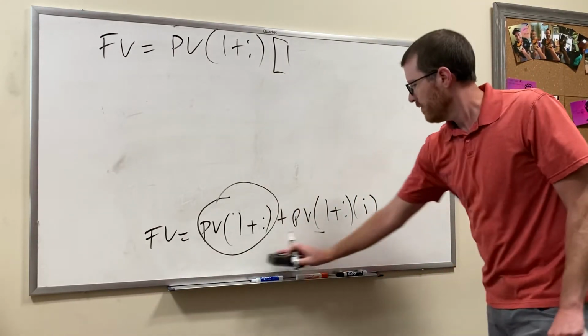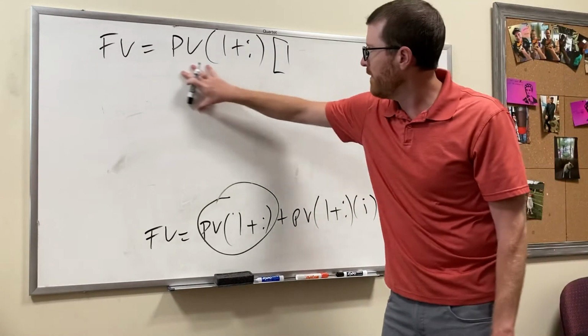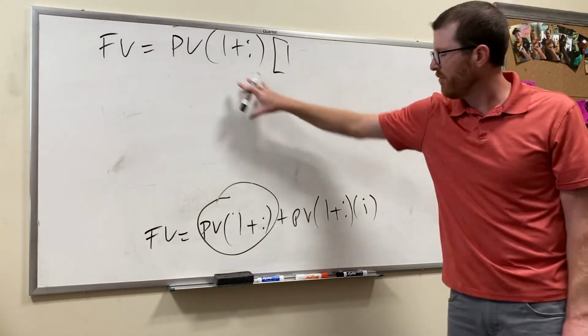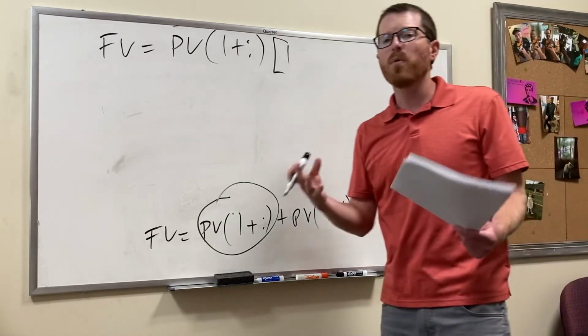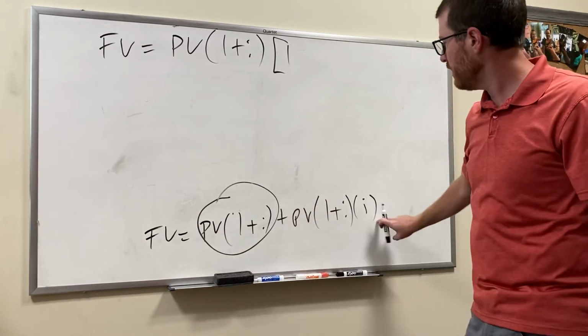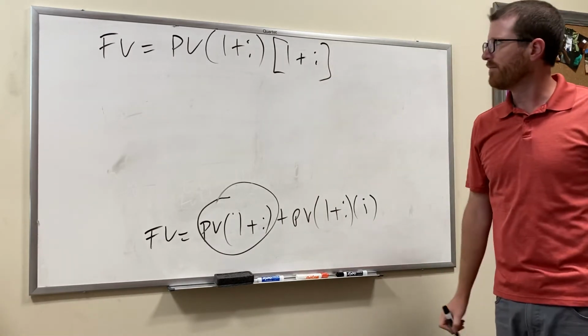And then, for this term over here, what do I need to do? If I want to take this and turn it into this, what difference is there between these two terms? All I have to do is multiply it times I, okay? This times this is just I, all right?